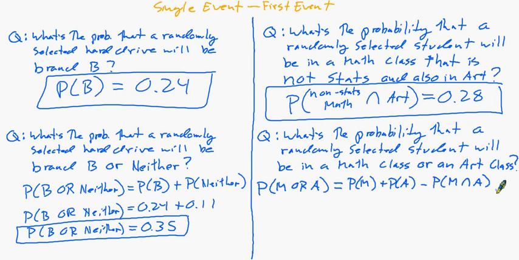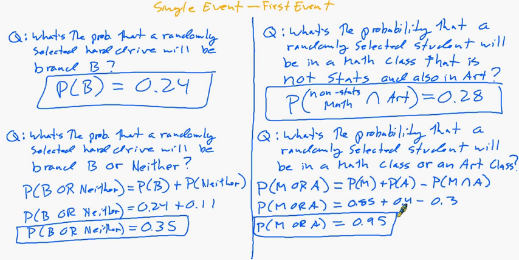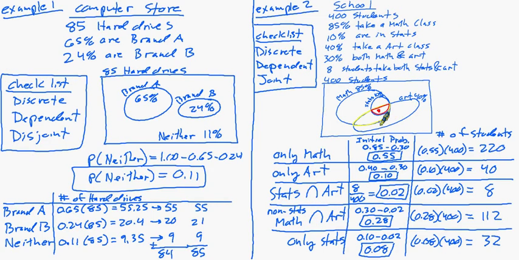So we could plug in our numbers, and we would get 95%, which if we looked at the Venn diagram for the school, right, what we just found was the union of math and art. We subtracted one of the areas of intersection, and that gets us that union.